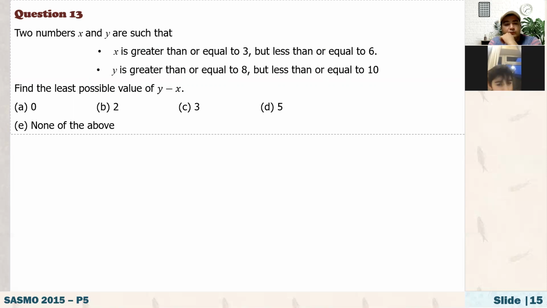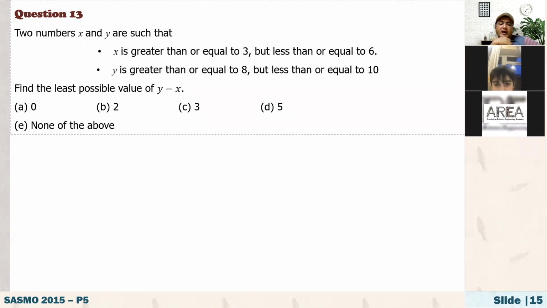Y is greater than or equal to 8 but less than or equal to 10. Find the least possible value of Y minus X.